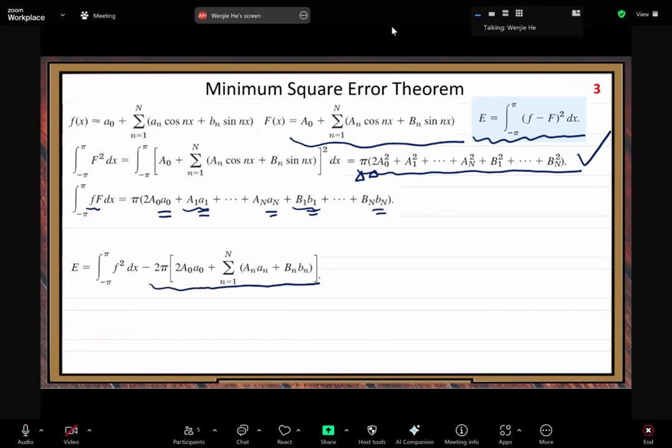Can you imagine after we, so here, 2 pi, rewrite it.